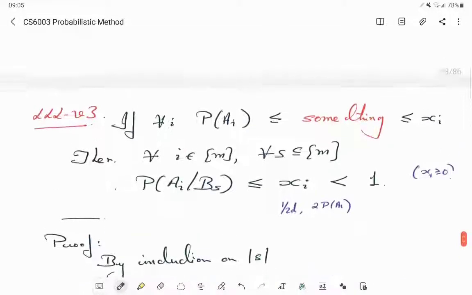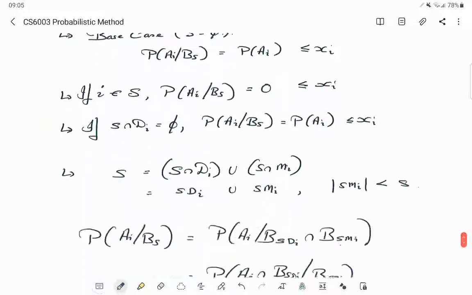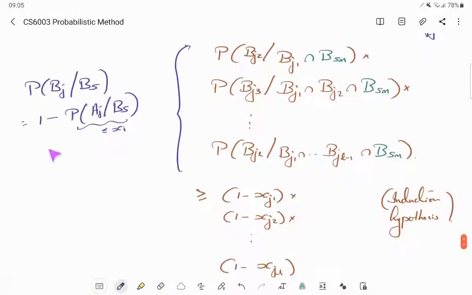In fact, that is what this xj is, we do not know, but this is what we are trying to prove. At most xj, which means this whole guy here is at least 1 minus xj. So that's what we have used.